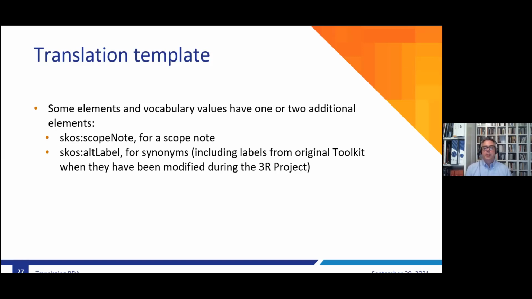Synonyms only need to be translated when there is an actual equivalent in the target language. So sometimes the synonym exists only in English and therefore it can be ignored in the translation. On the other hand, sometimes the target language has more synonyms than there are in English, and therefore those synonyms can be added also.